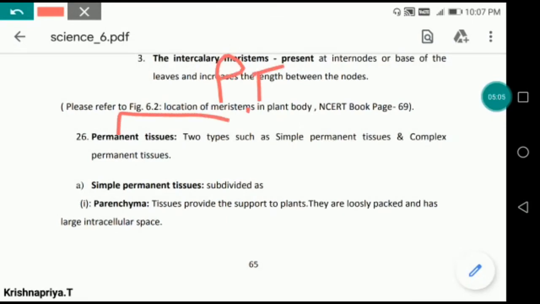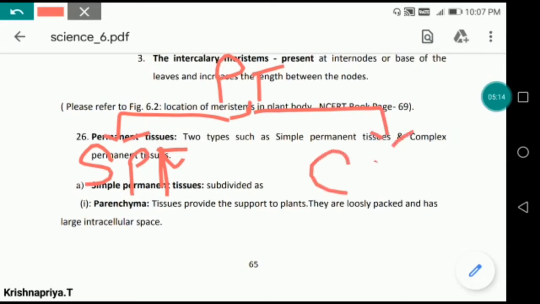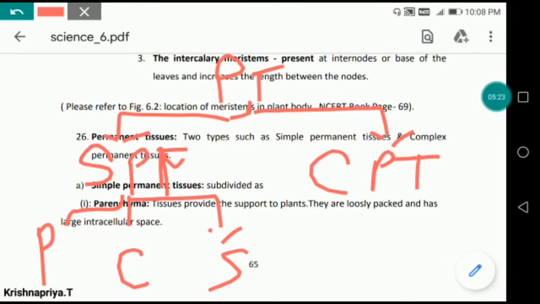Permanent tissue is divided into simple permanent tissue, written as SPT, and complex permanent tissue. Simple permanent tissue is divided into parenchyma, collenchyma, and sclerenchyma. Complex permanent tissue is of two types: xylem and phloem. We will discuss one by one what are the parenchyma, collenchyma, and sclerenchyma.